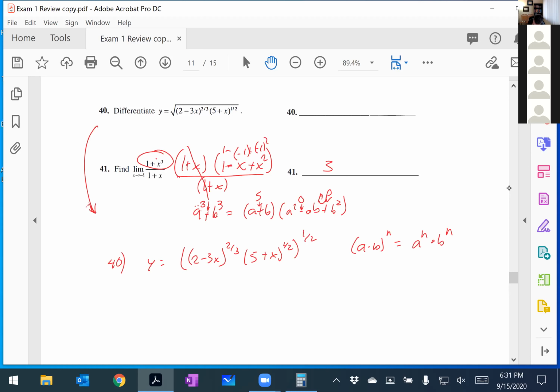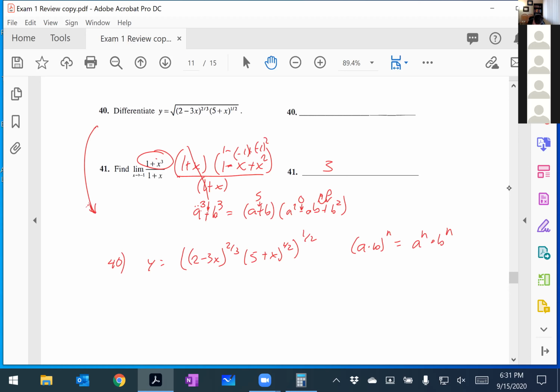So now both of their exponents would become, oh, never mind. One of them would become 1/3, right? Because you're going to multiply them together. Power to a power is multiplication. So we would get 2 minus 3x.